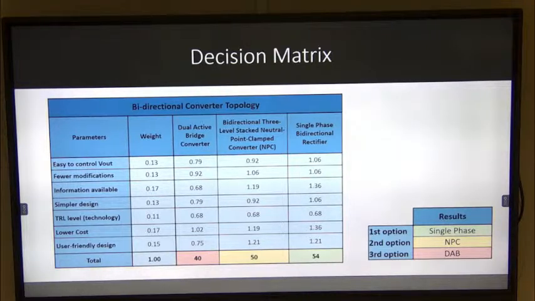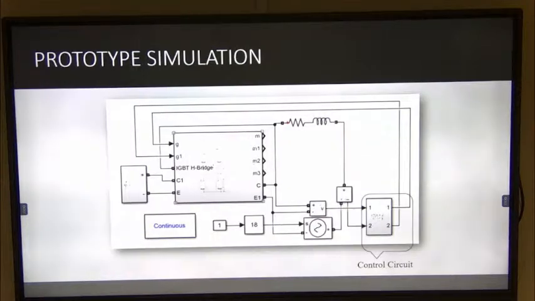The weight of these parameters was on a scale between 2 and 9 and was in percentages. And the result was the single phase at first place, MPC at second place, and DAP at third place. And with those results, we quickly went to simulate the single-phase converter.